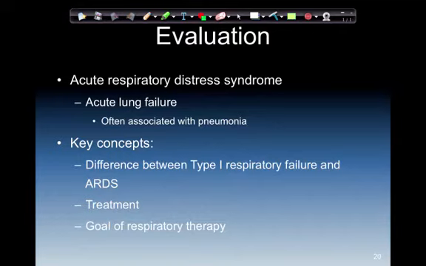Essentially what we have in ARDS, adult or acute respiratory distress syndrome, is that the alveolar sac that is supposed to be in contact through a basement membrane with the capillary has released itself for whatever reason. Pneumonia is a really good cause of this, and we see it often in pneumonia.